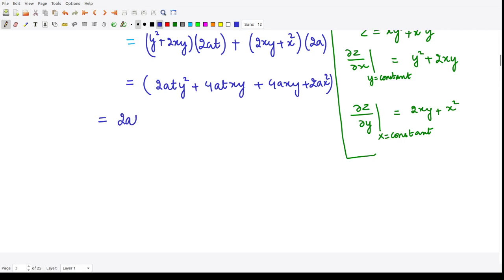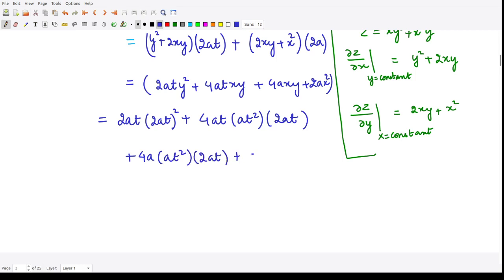So we have 2at, and the value of y is 2at, so it's square, plus 4at into the value of x, that is at square, into the value of y, that is 2at, plus 4a, the value of x, that is at square, and the value of y, that is 2at, plus 2a into the value of x, that is at square, whole square.